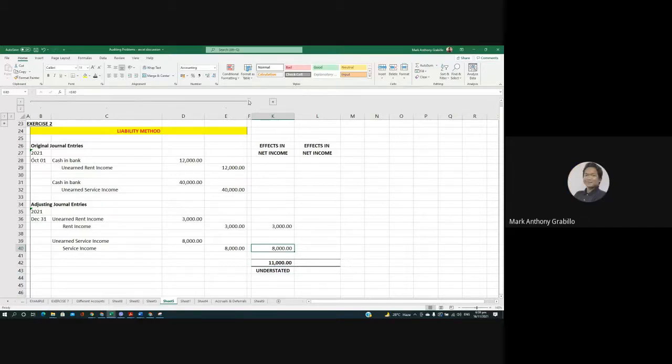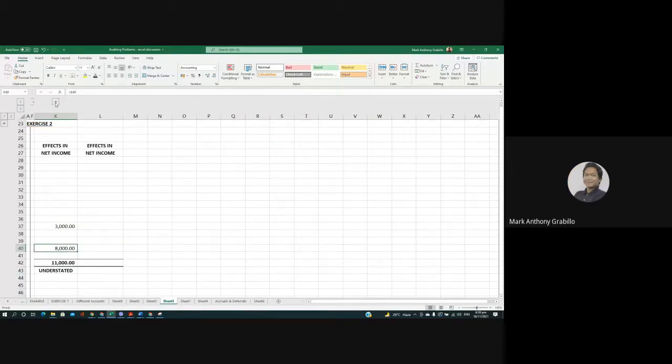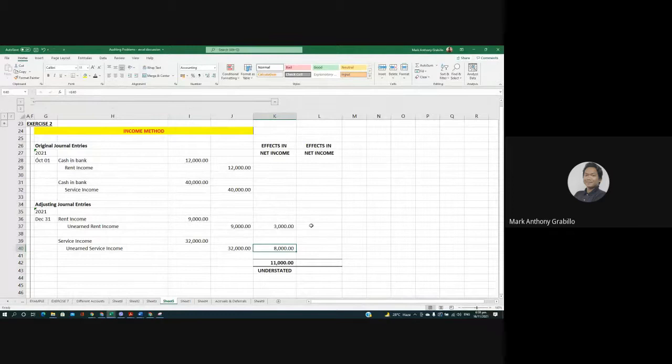So applying the second method that we use, income method, by how much would the net income be understated or overstated kapag hindi na-record yung unearned rent income? Overstated ng 9,000.